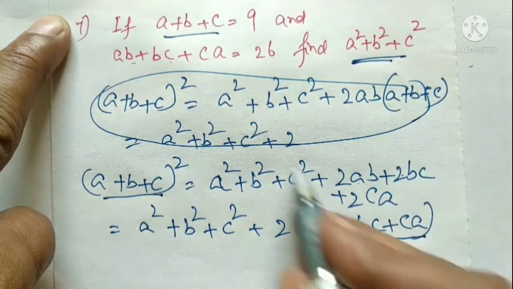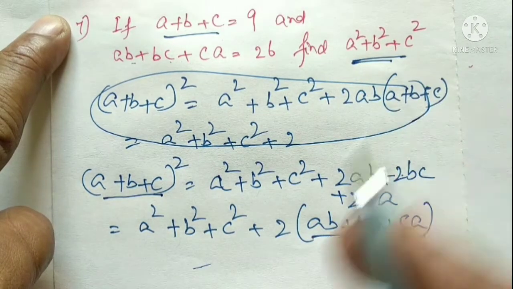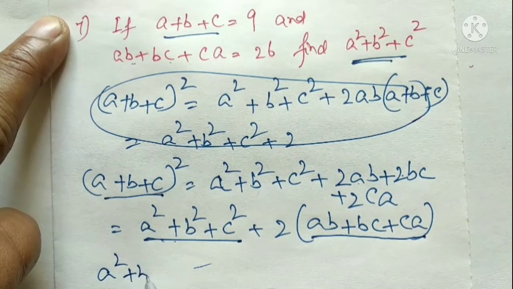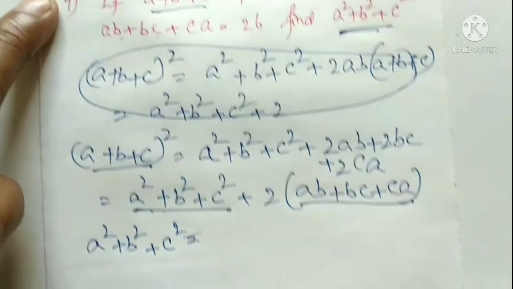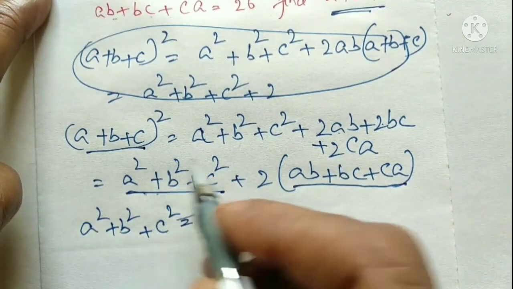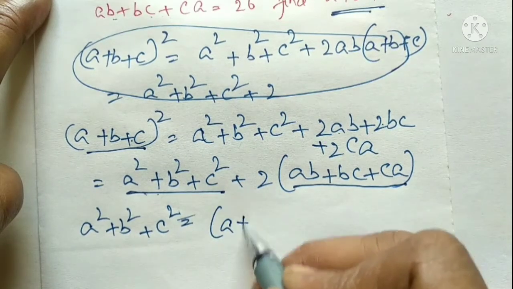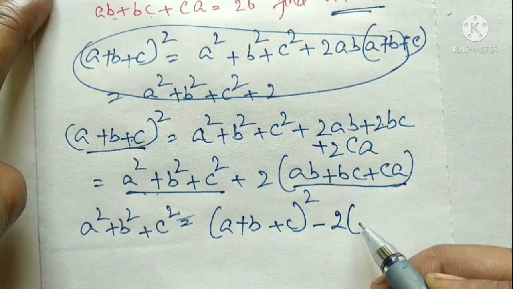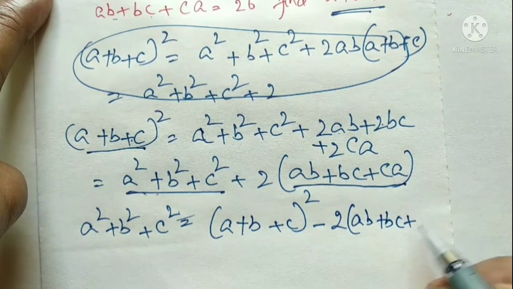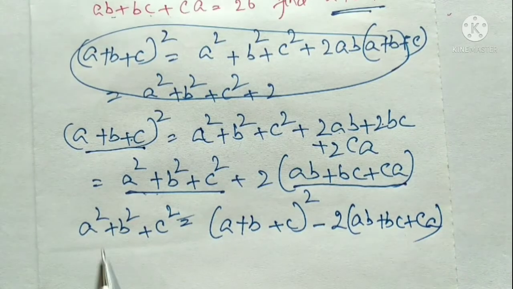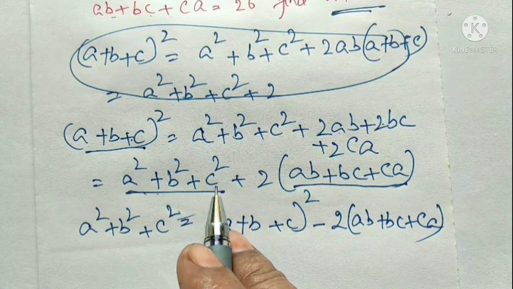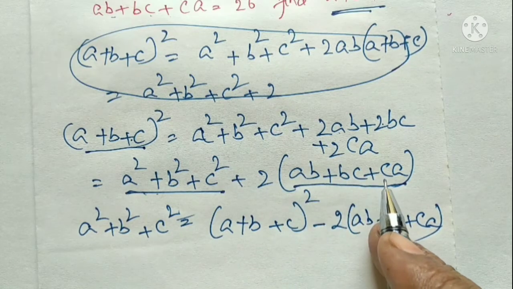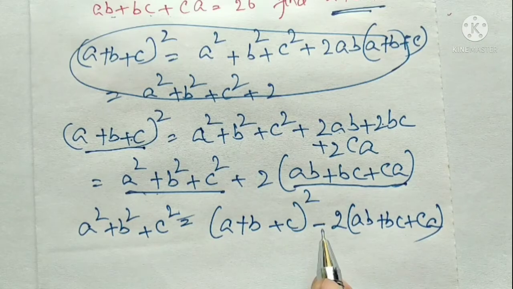From this algebraic expression, a square plus b square plus c square is equal to (a plus b plus c) whole square minus 2 into (ab plus bc plus ca), because I am keeping a square plus b square plus c square here and moving the 2 into (ab plus bc plus ca) to the other side, that has become a negative sign.